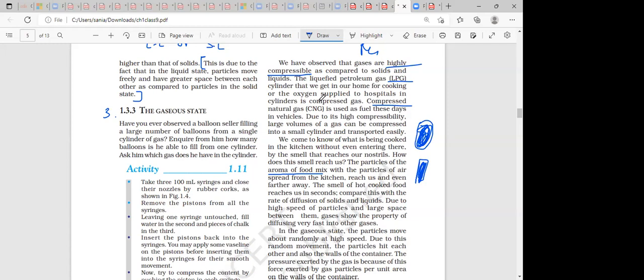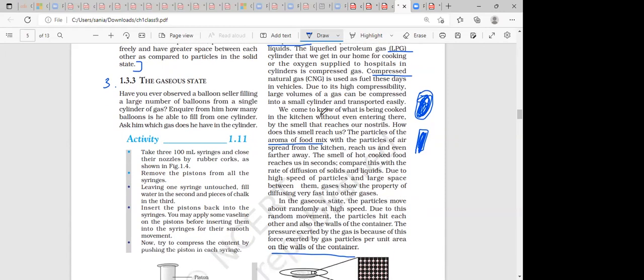And the second one: how can we come to know what is being cooked in the kitchen without even entering there? So these are the two homework questions.